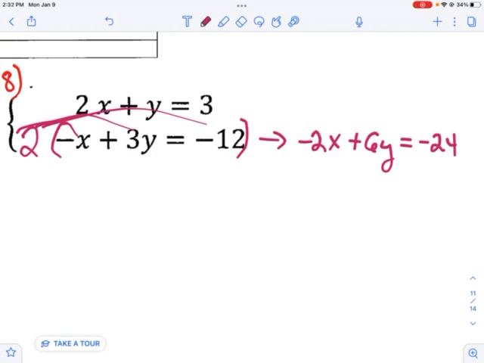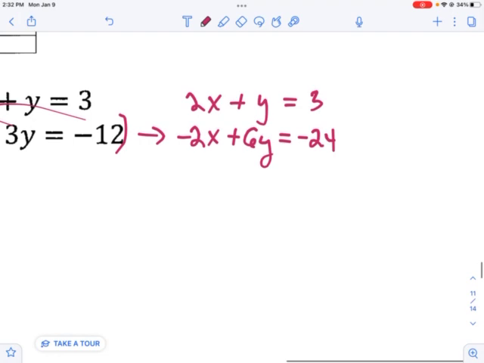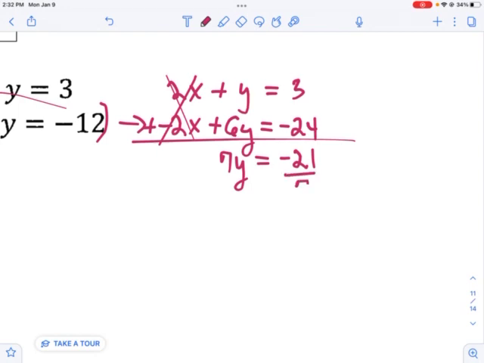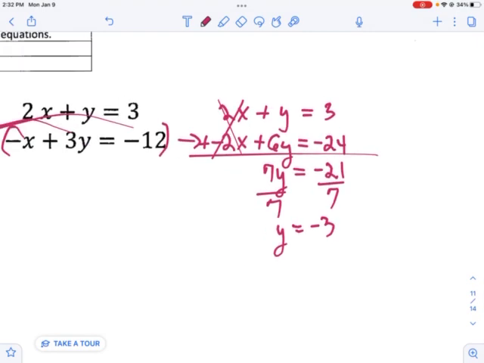And now I'm set up where I can eliminate. So I'll make my big addition problem, eliminate my x terms, and I now have 7y is equal to negative 21. I'll divide both sides by 7 and get y is equal to negative 3. Now I want to find my x term. I'm going to use my first equation because y is all by itself.